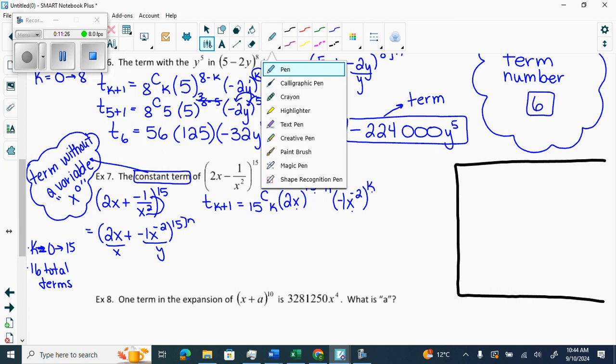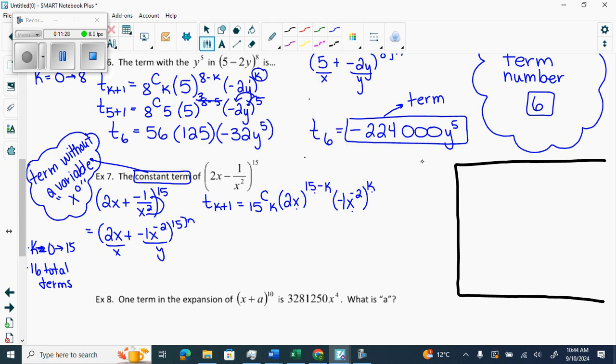So I'm going to get x to the 15 minus k times the other x, x to the negative 2 to the k, equals x to the 0, is what I want it to do in the end, right?